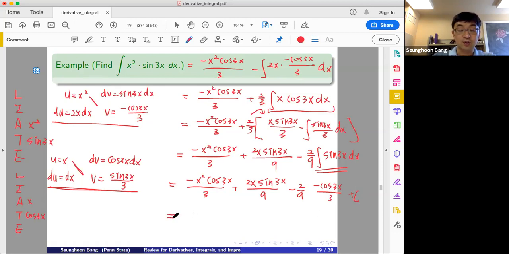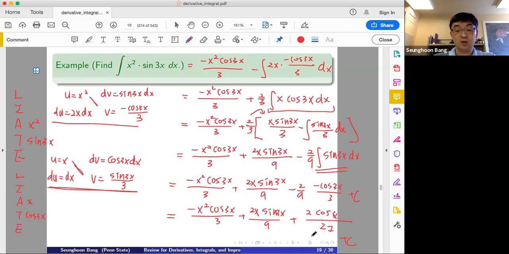You have to simplify: negative x squared cosine 3x over 3 plus 2x sine 3x over 9, and minus 1 times minus 1 is positive, 2 cosine 3x over 9 times 3 is 27, plus C.